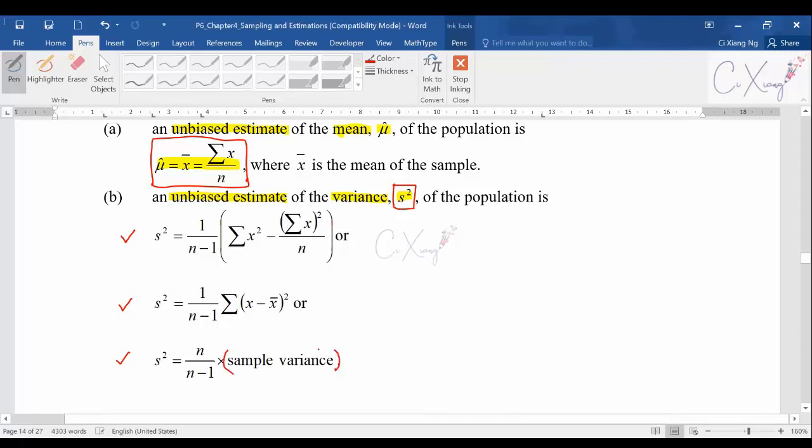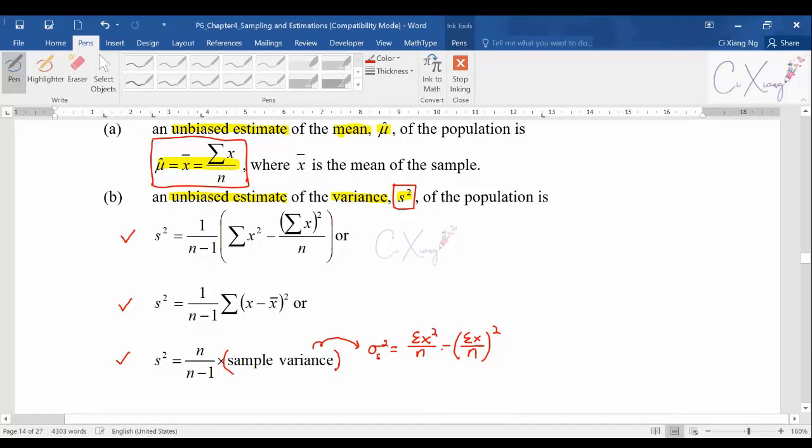So what's the meaning of sample variance here? Sample variance is actually the original equation for the variance that we learned before, which is sigma square, or sigma s square: summation x square divided by n, minus the summation x divided by n, all squared.